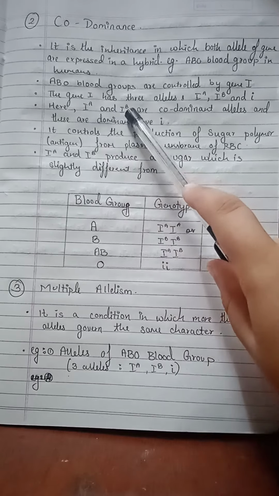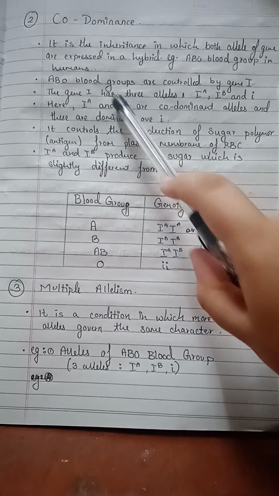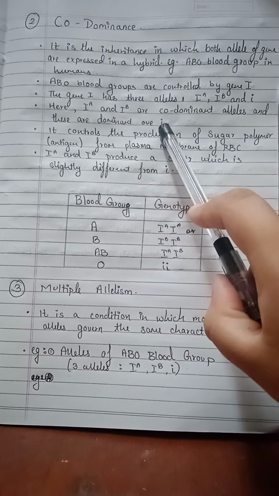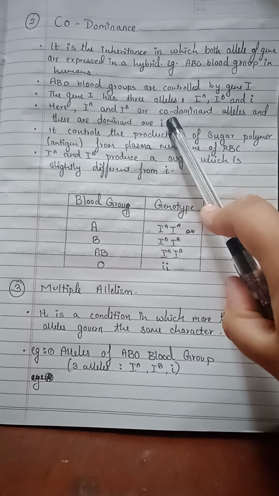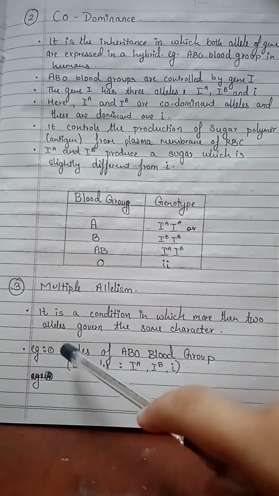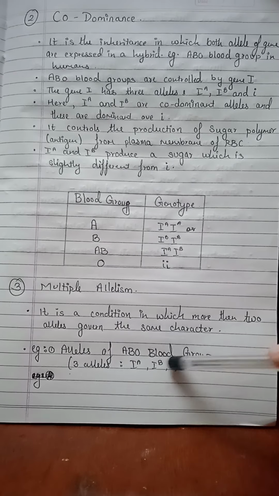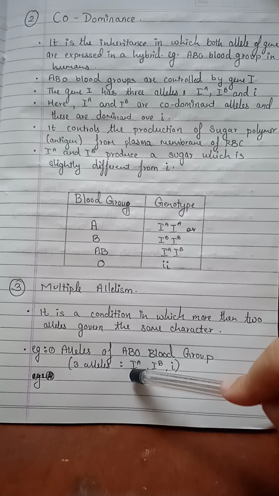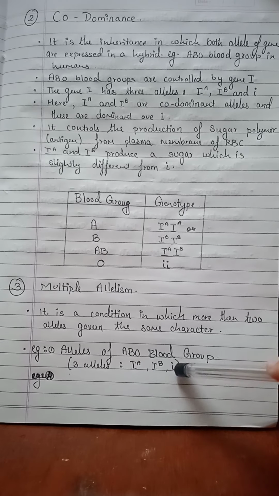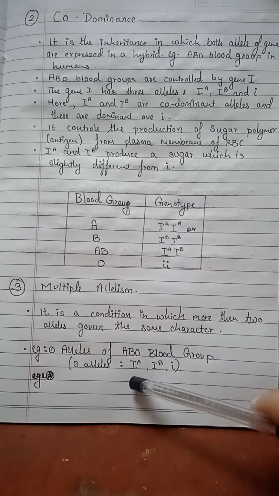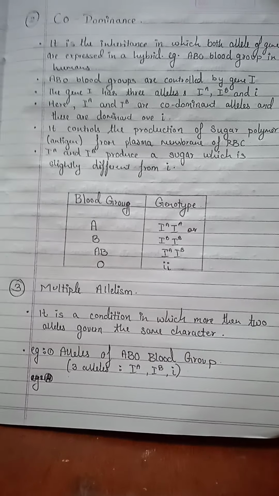Here IA and IB are codominant, and both are dominant over the recessive small i. The example given is the alleles of the ABO blood group. Three alleles are present, IA, IB and small i, from which IA and IB are dominant over small i.